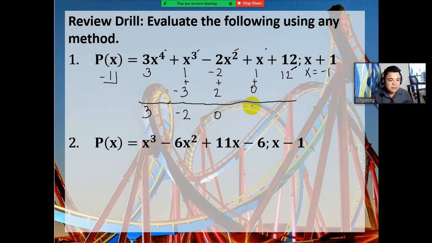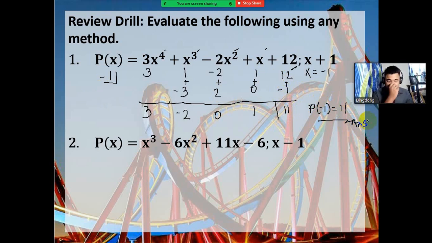And then 1 plus 0 is 1. Then lastly, 1 times negative 1 is negative 1. Then add 12 plus negative 1 is 11. Whatever is the last answer here when you are evaluating, this is now your answer. P of negative 1 is equal to 11. But in division, that is what we call the remainder.